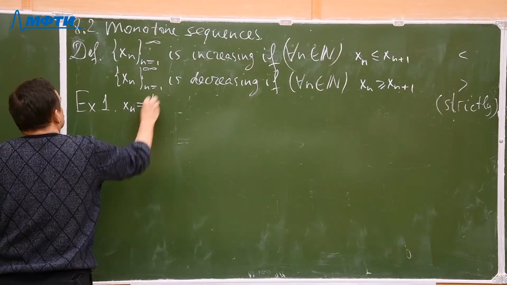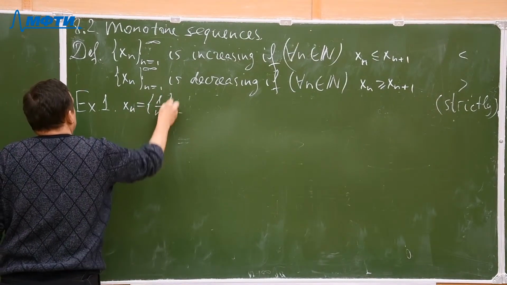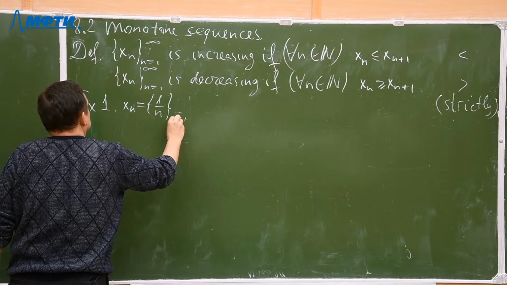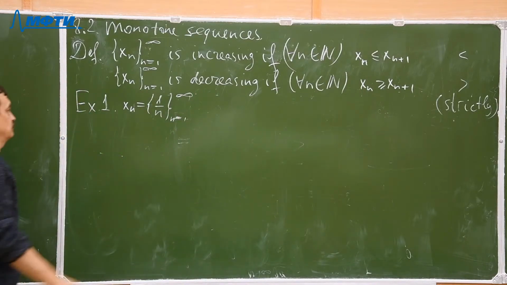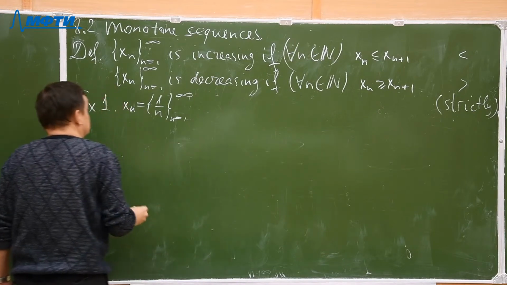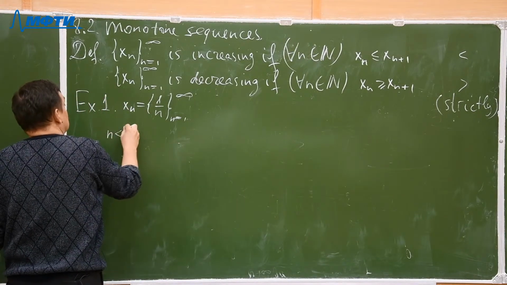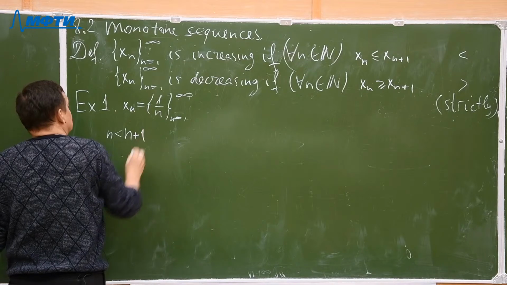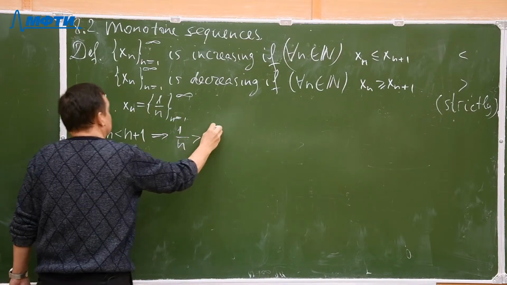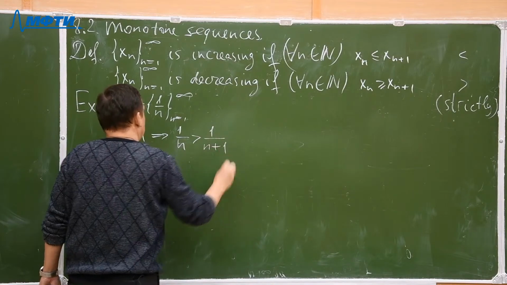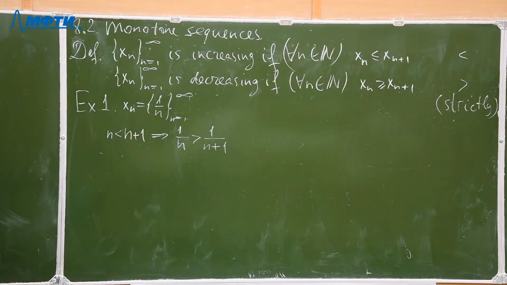xn equals 1 over n. So here we have n strictly less than n plus 1, hence 1 over n is greater than 1 over n plus 1 by one of the axioms.